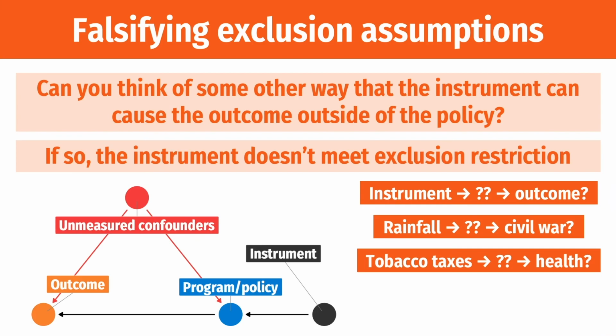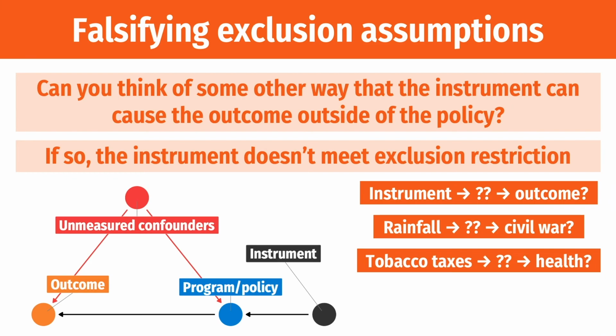If we look at tobacco taxes and health, people love to use this one. Again, the argument was that tobacco taxes make it so that you smoke less, which then increases your health. But if you think about elasticity, back in your microeconomics days, elasticity shows how responsive people are to price changes.